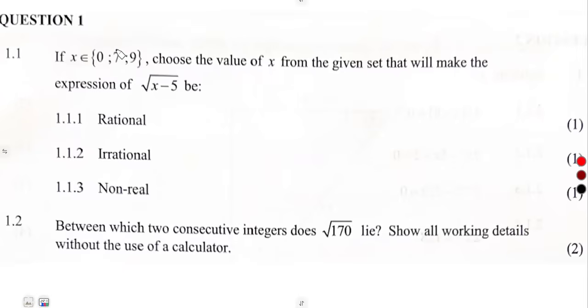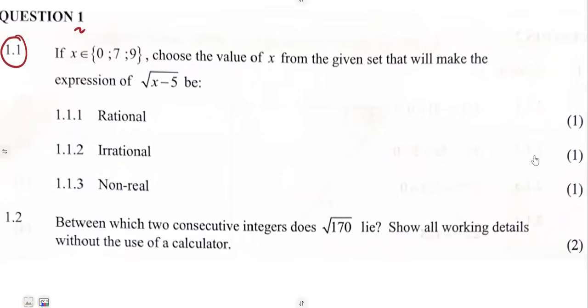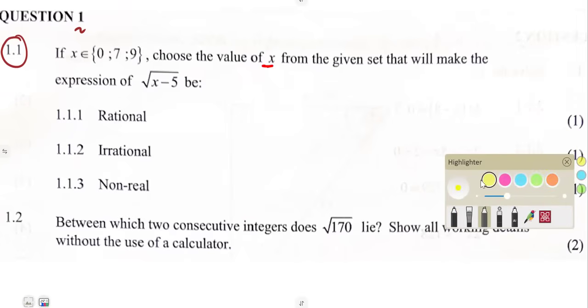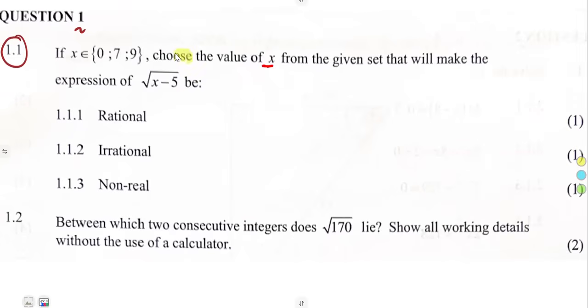Given question 1.1, you're given that if x is an element of these values, that is, we can take any of these values to represent x. Choose the value of x. Take note here. The question is you must choose. Let's be careful, guys.